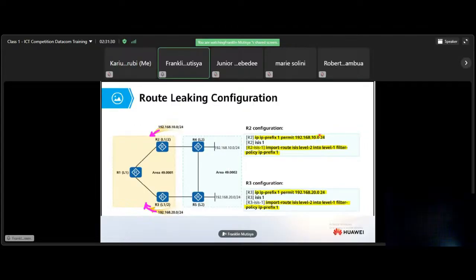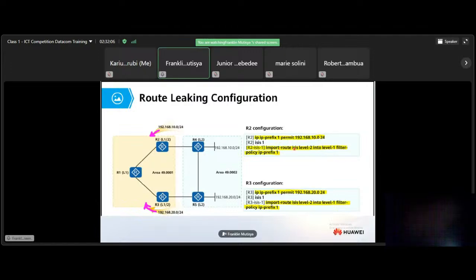Then after that, we are going to configure ISIS. This is the procedure of configuring ISIS. We say isis process ID is number 1. Then inside the ISIS view, we type the command import-route isis, because we are importing ISIS routes. We specify level-2 into level-1. Then you put the filter-policy, with the keywords ip-prefix, then the name of the IP prefix which we created, which is 1.